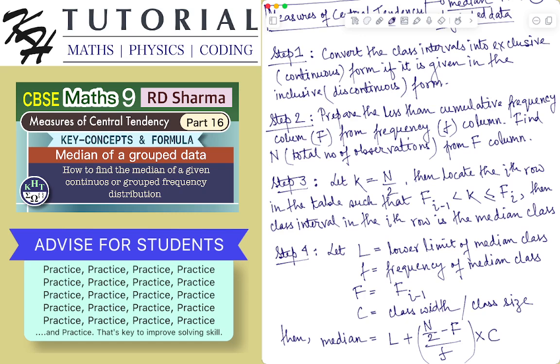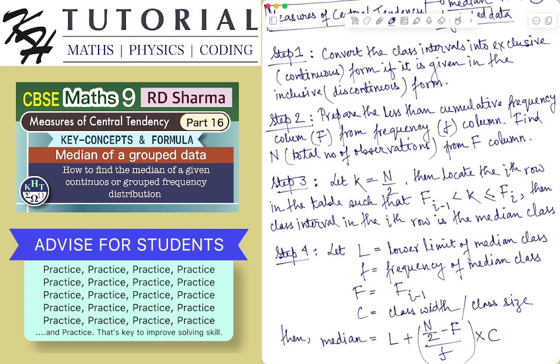Fi is the value of the less than cumulative frequency for the ith row. The rows are numbered 1, 2, 3, 4 from the top towards the bottom. So in step 3, basically I am locating the ith row, so that the value of k is greater than Fi minus 1, and it is less than or equal to Fi.